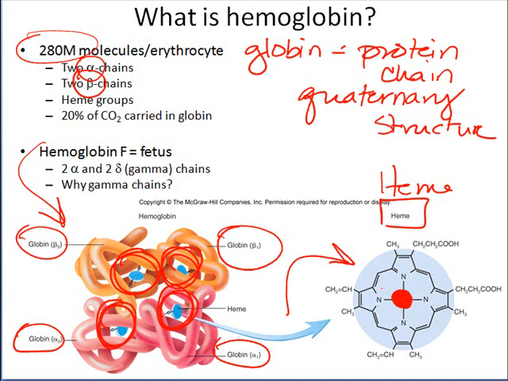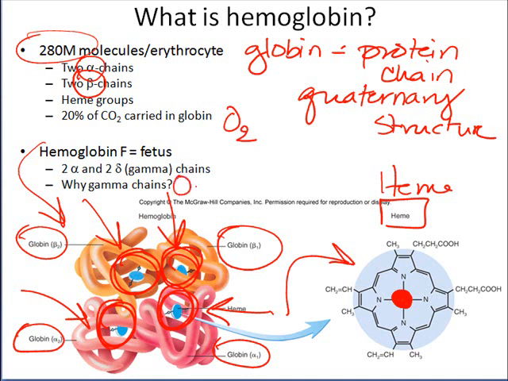So now this heme group, each one of these hemes, here's one heme, here's another, here's a third, here's the 4th heme. Each one of those hemes has the ability to carry 1 molecule of oxygen. Remember, oxygen is a diatomic molecule. That means that there are 2 atoms of oxygen in each molecule, O2. Oxygen does not occur by itself.